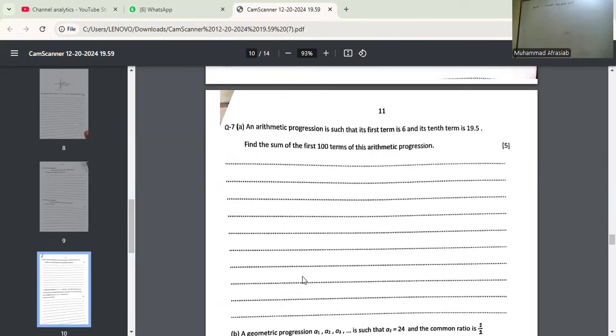The first term is 6 and the 10th term is 19.5. You are going to find out the sum of the first 100 terms.